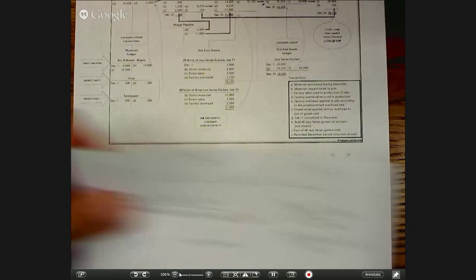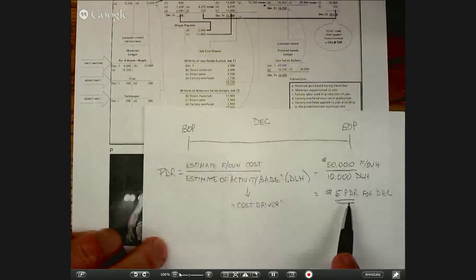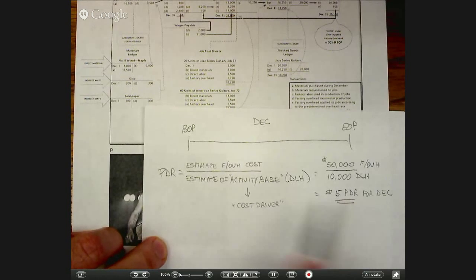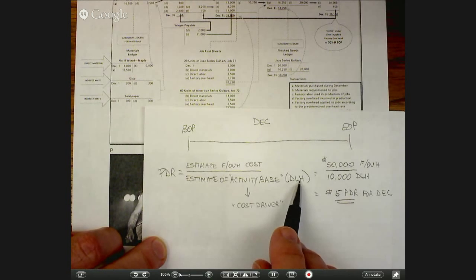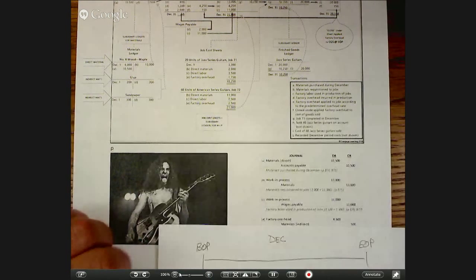Well, let's go back to the calculation that we had here. We know that the overhead predetermined rate is $5, and we also know that the activity base or cost driver is direct labor hours. So up to this point, we would have to determine the number of direct labor hours that were worked during the month.